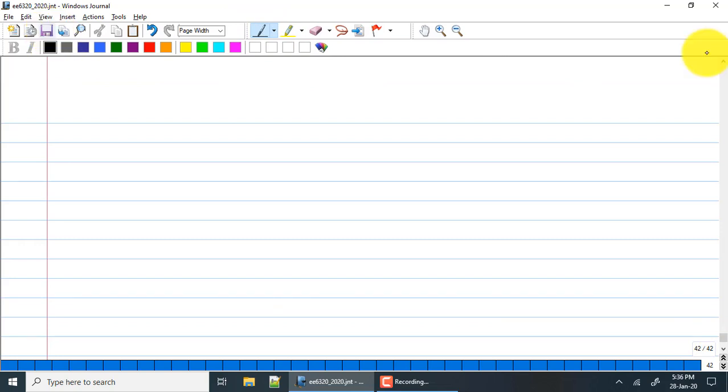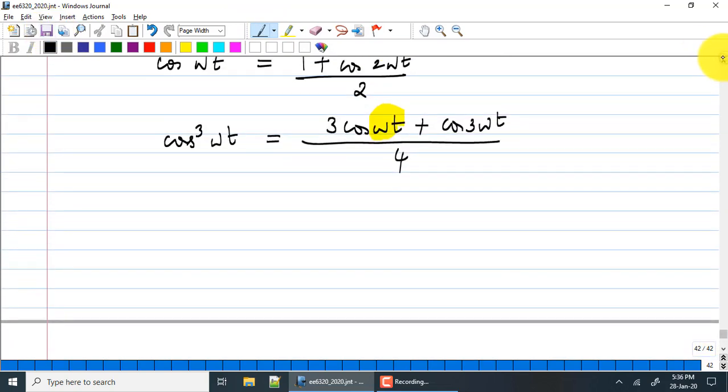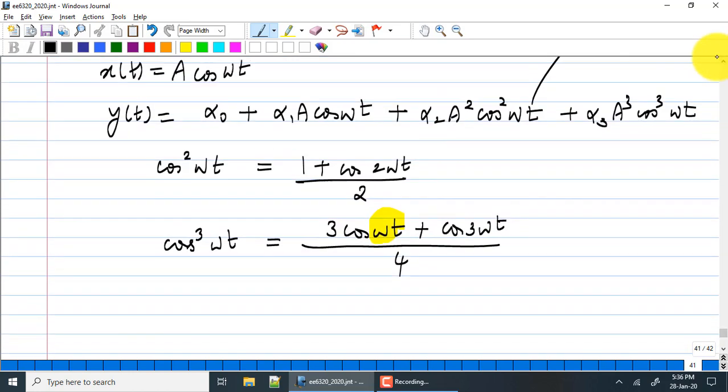Why does this matter for us? If I were to write y of t now, I'm going to write it in the standard form where I group DC terms first separately, fundamental terms separately, etc. What is the DC term? Alpha naught plus alpha 2 a squared by 2. This is my DC value.